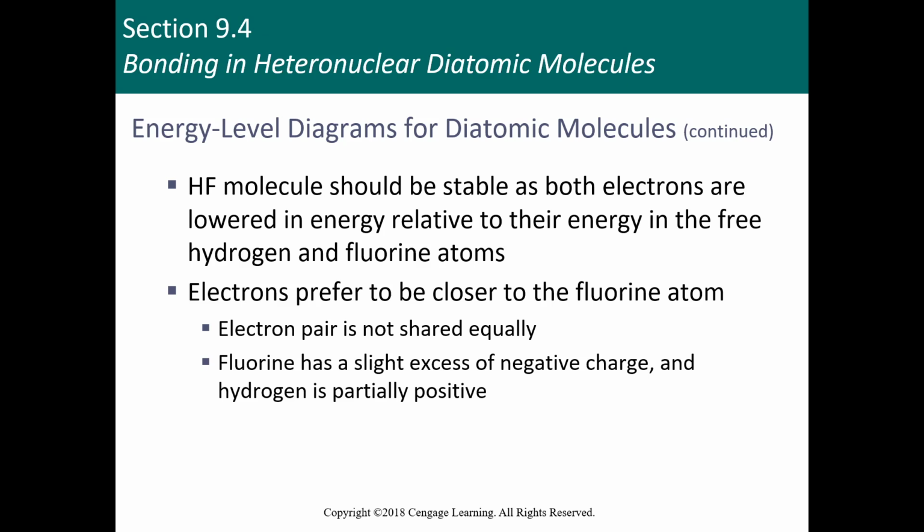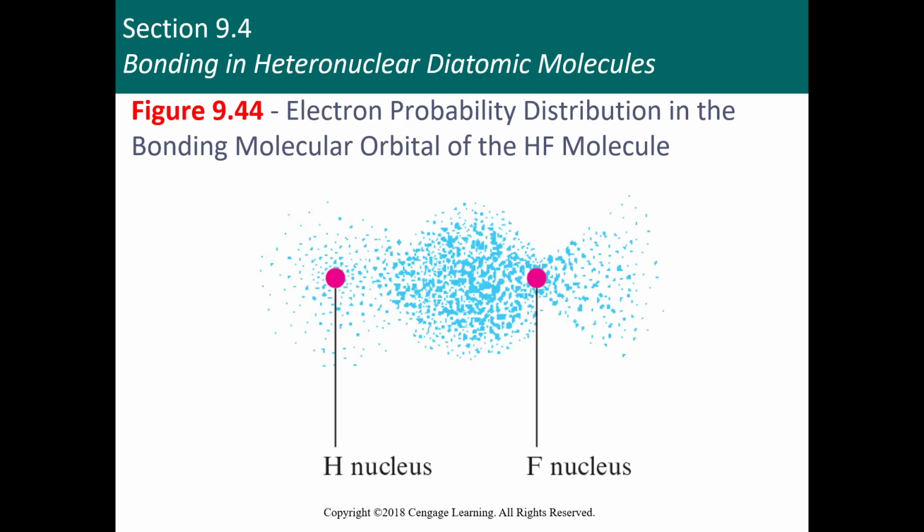It is not actually ionic. Fluorine will have a slight excess of negative charge because the electrons will spend more time around the fluorine. The hydrogen will be partially positive because they will spend less time around the hydrogen. This is a decent representation of how often electrons end up around the hydrogen versus the fluorine. You will notice the electron density spends a lot more time around the fluorine.